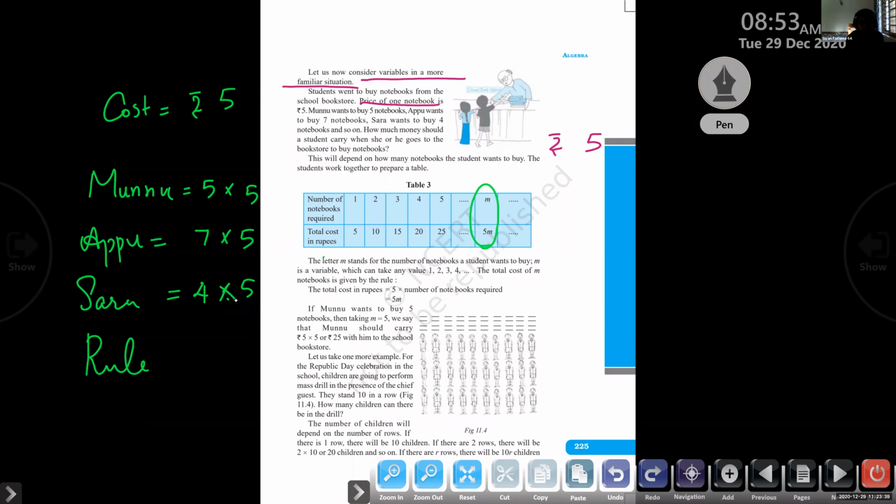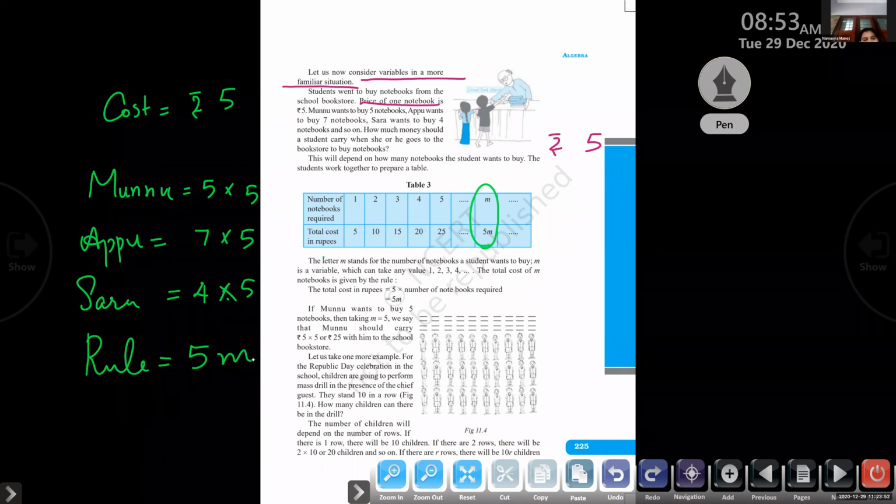Which is the constant here? 5 is the constant and the variable is m. So our rule is 5m. Did you get the idea, children? Yes, ma'am. The cost of a notebook will not change.